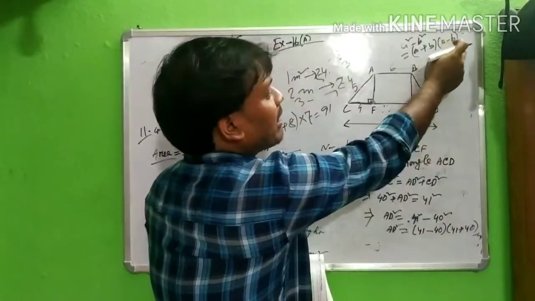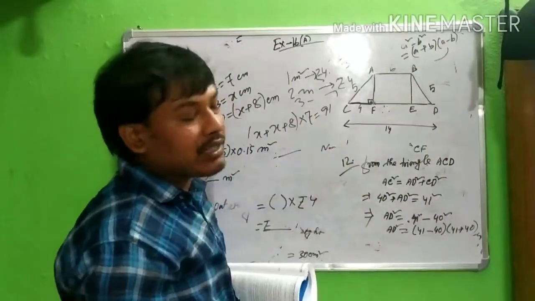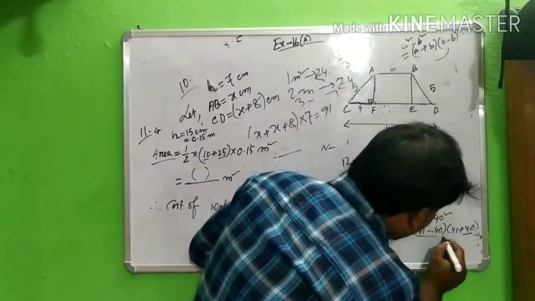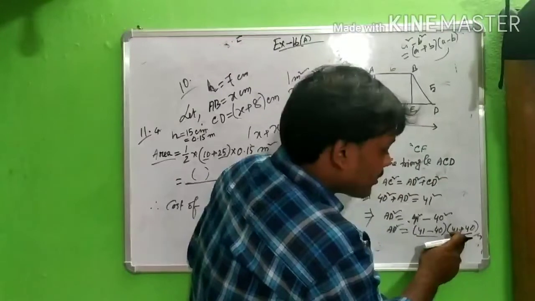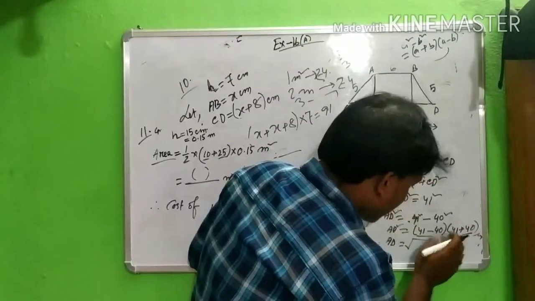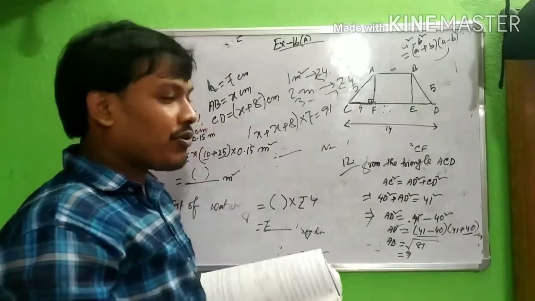You can write A minus B into A plus B, no problem, because multiplication is commutative. The value of this one is 1 and this one is 81. So AD equals root over 81, that means 9.